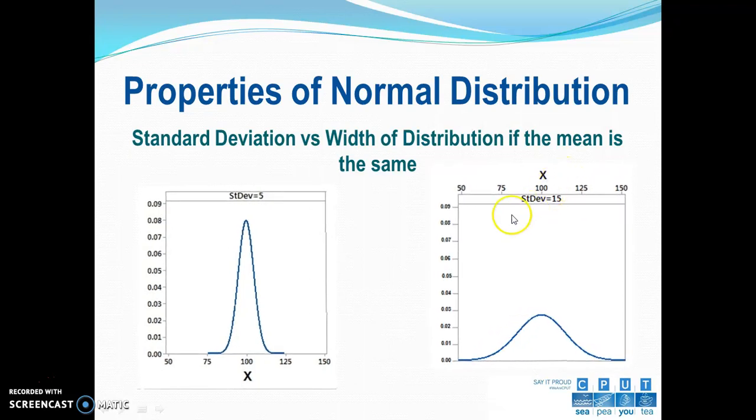You will notice that the width of the distribution is narrow due to the values in the dataset being grouped closely together. However, on the graph on the right-hand side, the standard deviation is 15. The width of the distribution is wider due to the values being more spread out. Therefore, in conclusion, the width of the curve is determined by the standard deviation of a distribution.